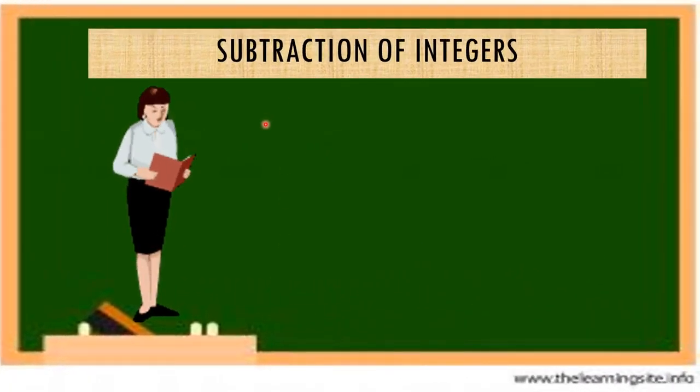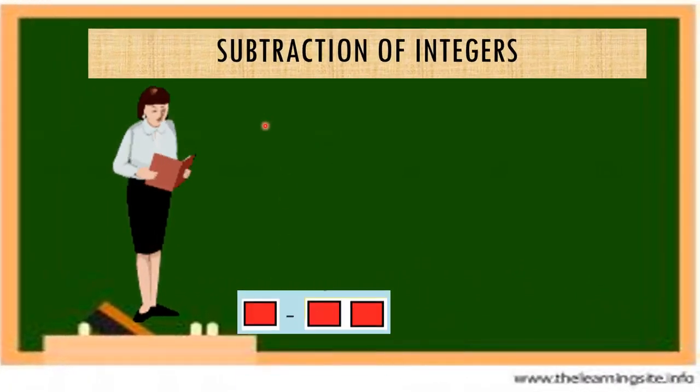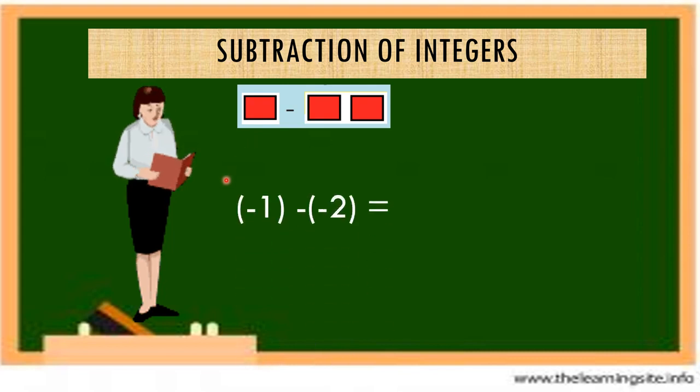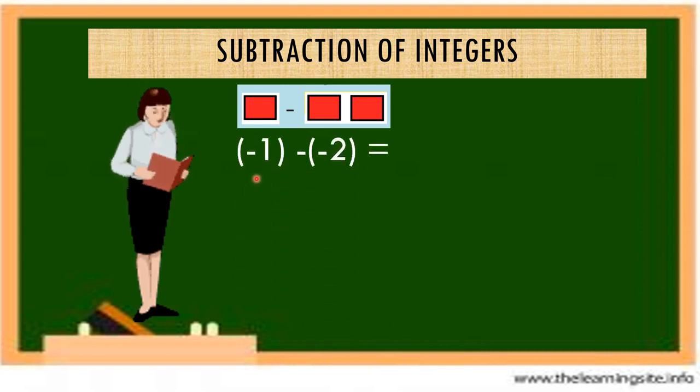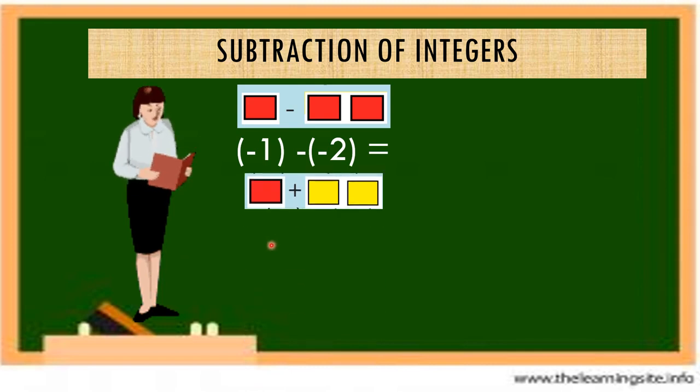We are in subtraction of integers. We have negative 1 minus negative 2. The rule is to change the sign of the subtrahend. Our subtrahend is negative 2, and proceed to the process of addition. So it will become negative 1 plus positive 2.